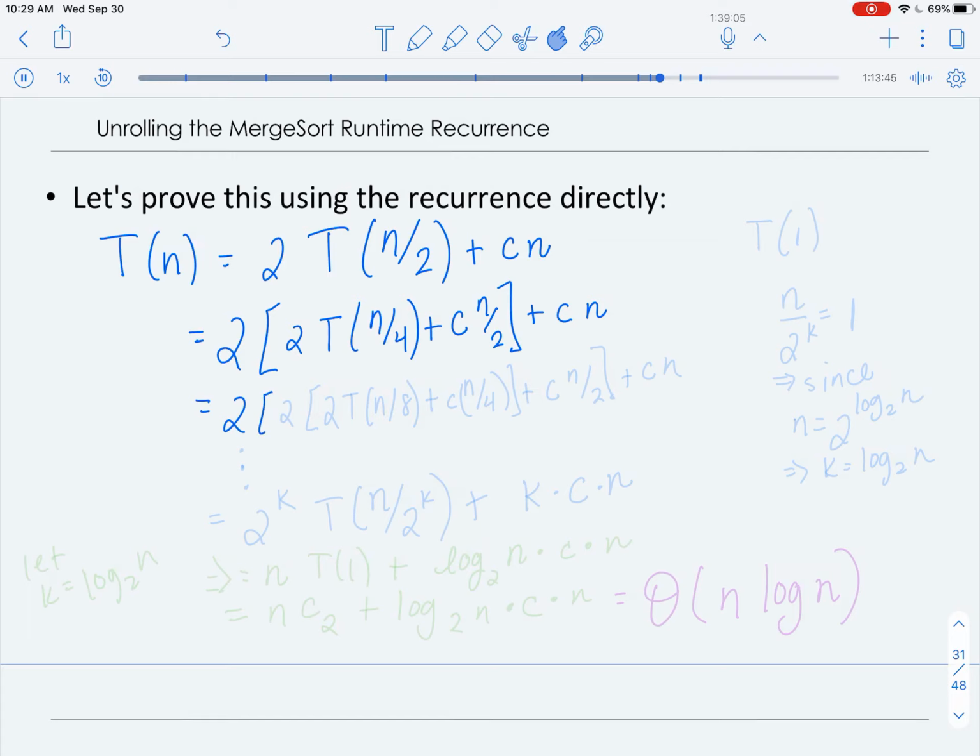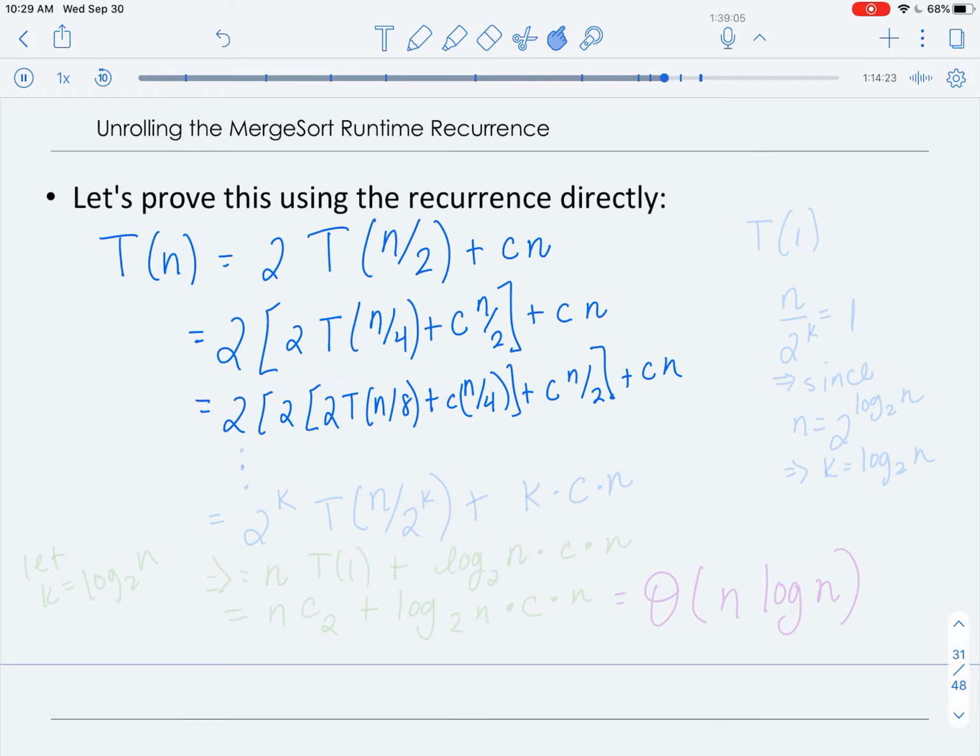And here we would get 2 times T(n/8) plus constant times n/4, plus cn/2, plus cn.